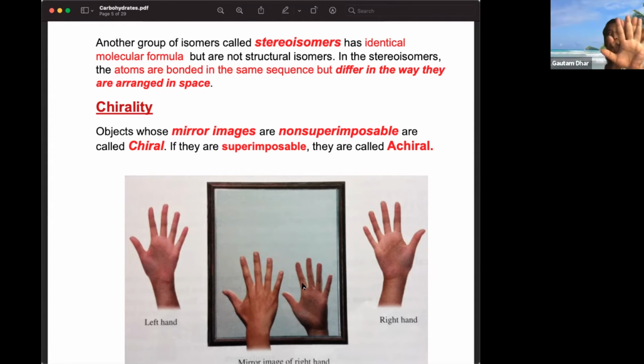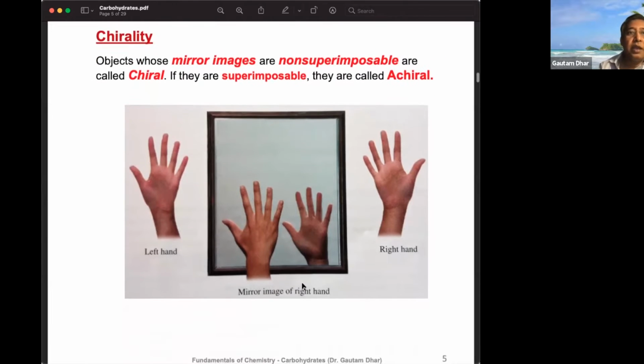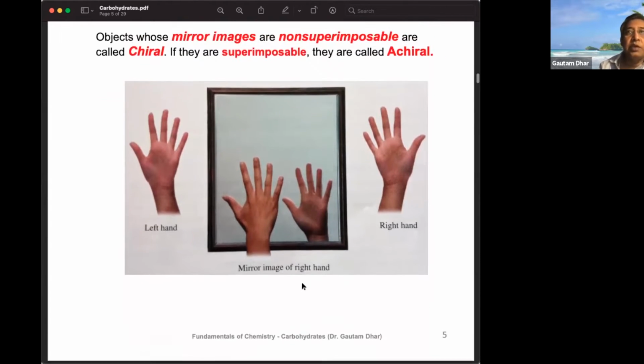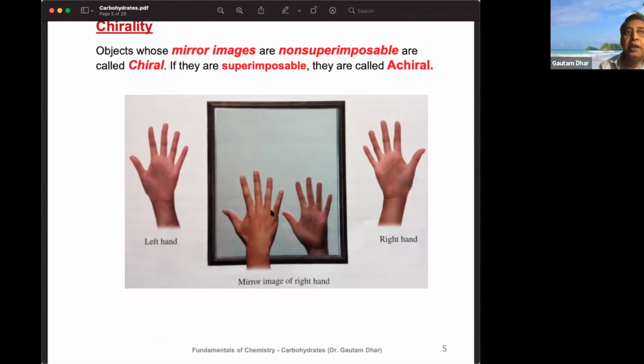But if you want to superimpose, they don't. So these are called chiral molecules, or stereoisomers. Stereo means in 3D. And in nature, this is a very important thing. To nature, these are two different compounds. So the mirror image of the same molecule is not the same to it.